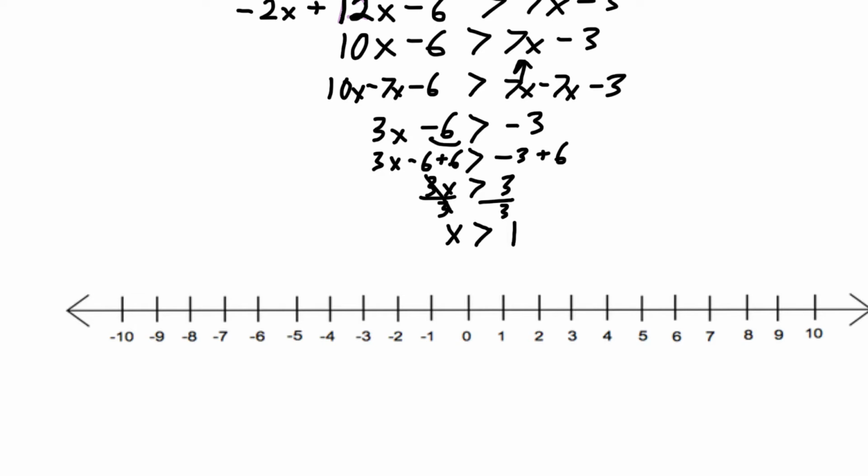Let's graph x is greater than 1. Here's 1 right here, greater than 1. Then interval notation: it starts at 1 but doesn't include 1 and goes to positive infinity.